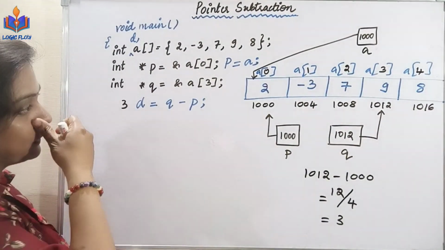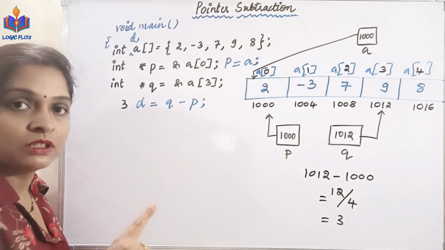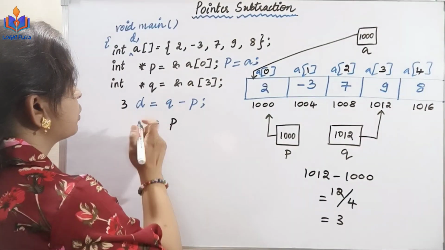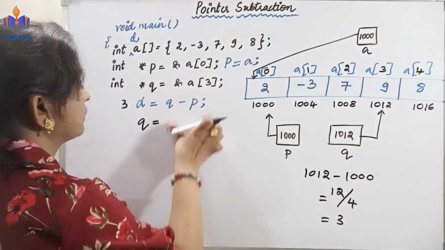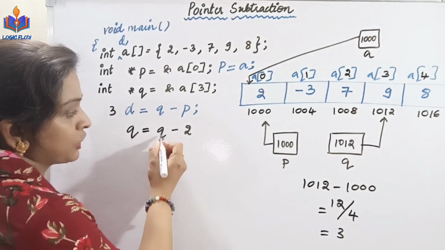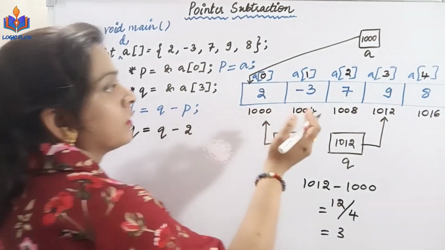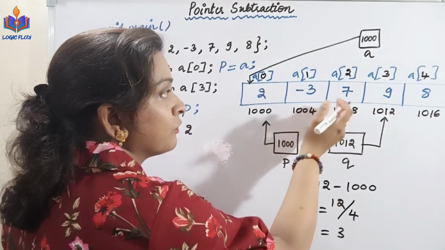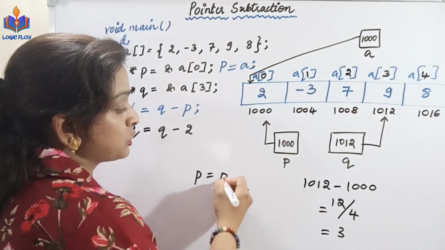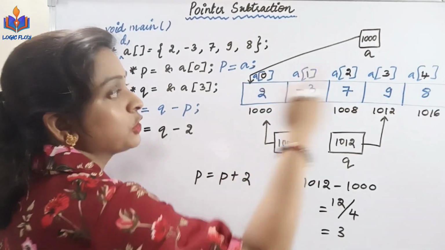Now what I'll do, as I said, you can perform the subtraction of an integer from a pointer. So now I'll say Q equal to Q minus 2. Q is a pointer, and minus 2 means I have to move backward by 2 elements. When I say P equal to P plus 2, I move the pointer forward by 2 elements.